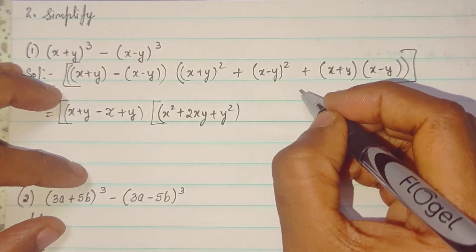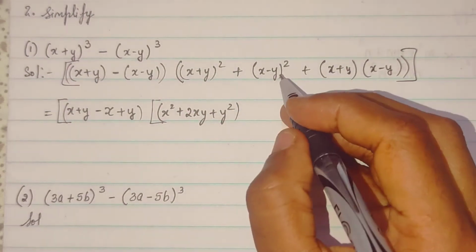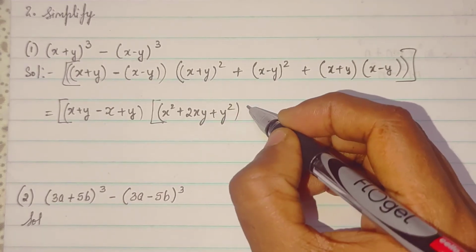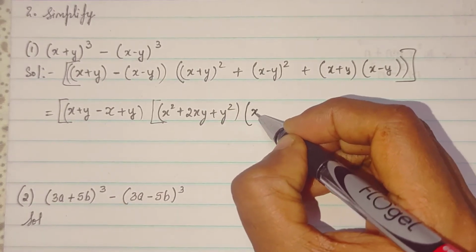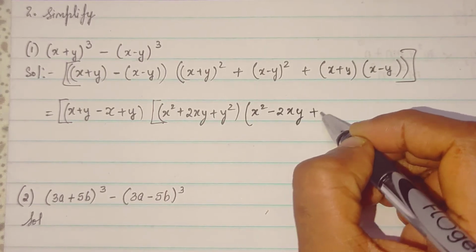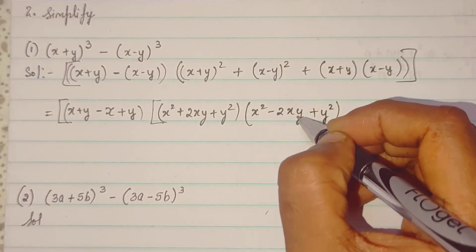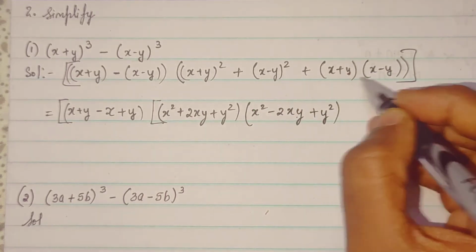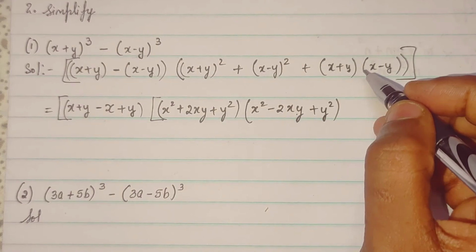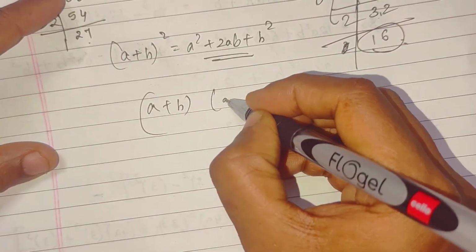Then this also, the same formula, only subtraction will come. So a square minus 2ab plus b square. So the formula says x square minus 2xy plus y square. And this is also a formula, a plus b, a minus b, a plus b, a minus b.